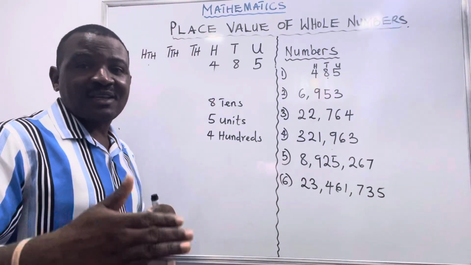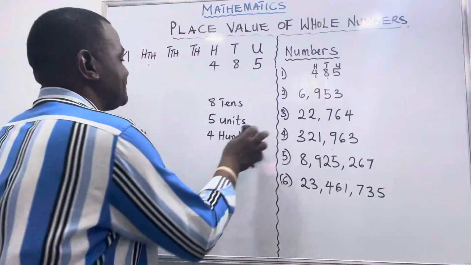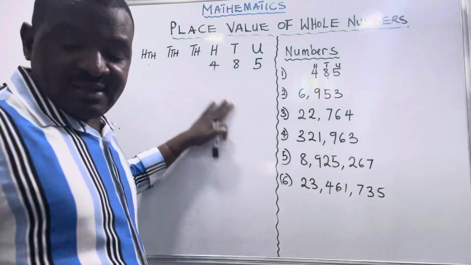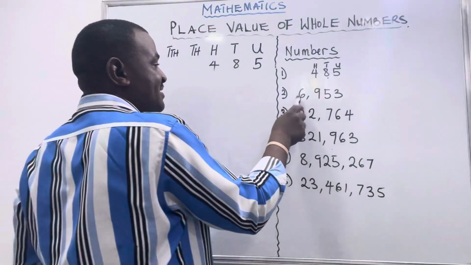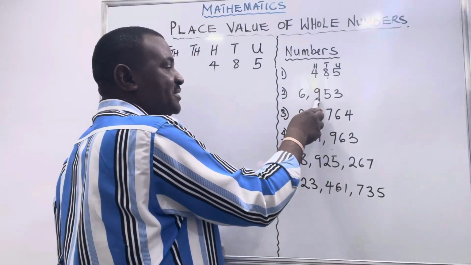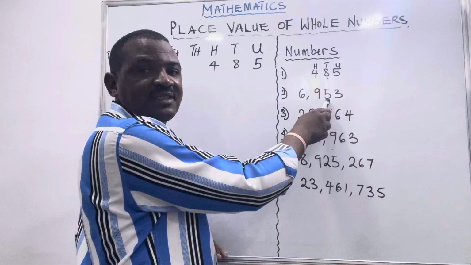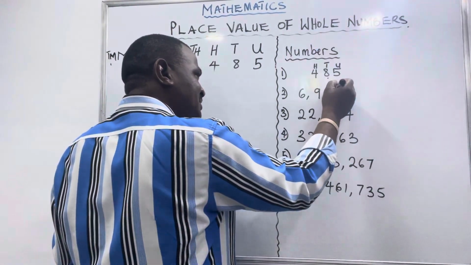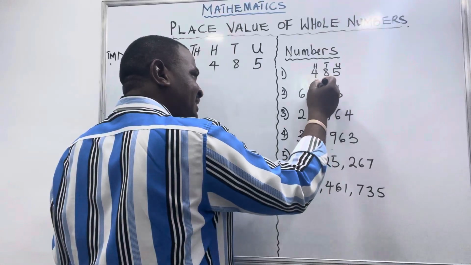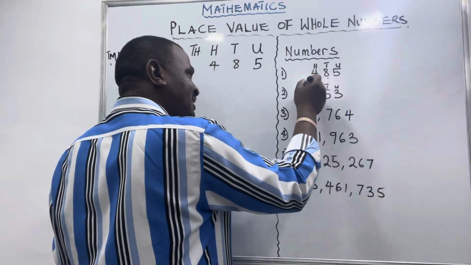Now, let's move to a longer number. Let's say this next number, 6,953. Don't forget, you can see, put it here: units, tens, 100, 1,000.